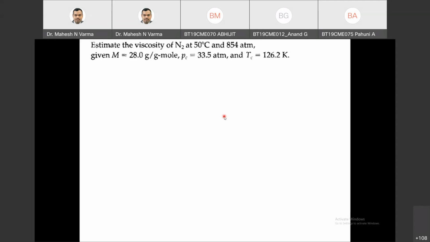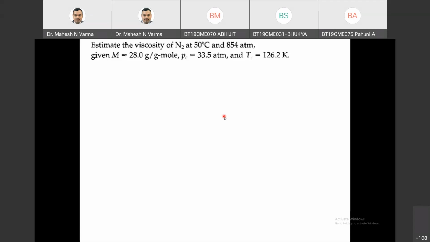Yes, sir. So what is the value of reduced temperature and reduced viscosity? What is the definition of reduced temperature? Temperature of the gas divided by critical temperature.